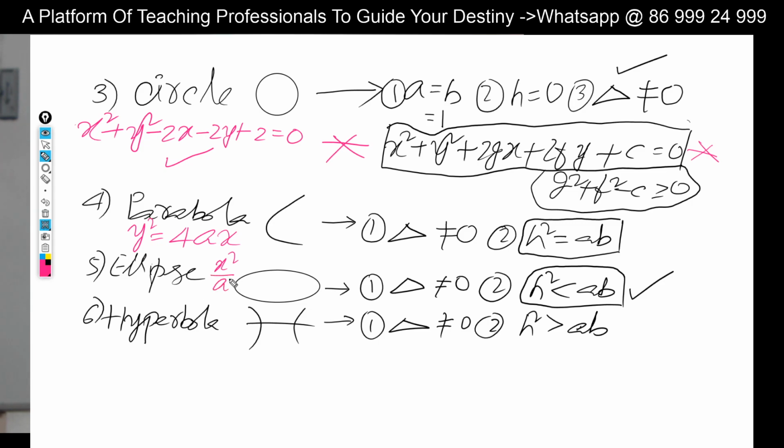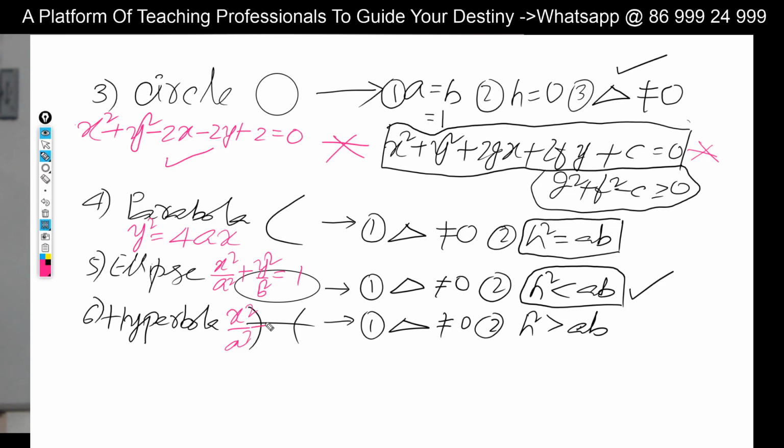In ellipse, you will have x square by a square plus y square by b square equal to 1. These are called simplified forms. Don't think that the equation of the parabola will consist of only 2 terms, or the equation of the ellipse of only 3 terms. Not like that. These are called simplified forms. I will be elaborating all this further in those topics.